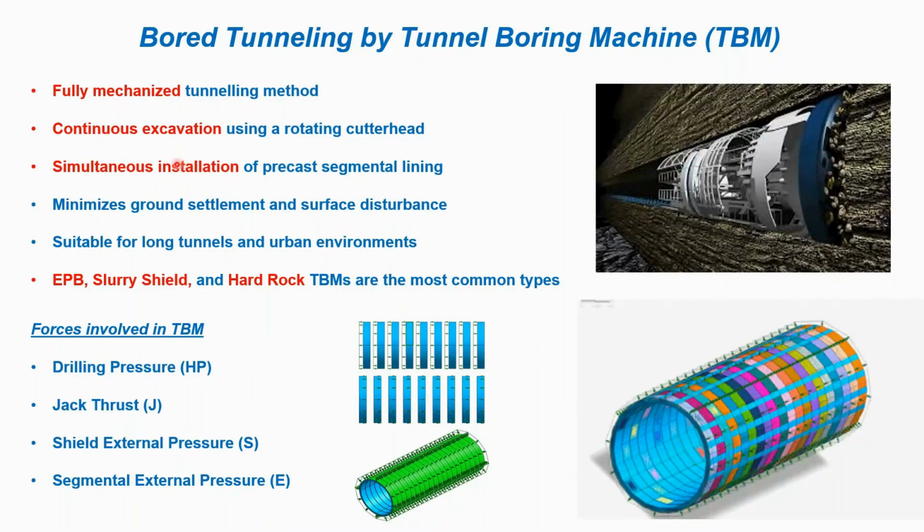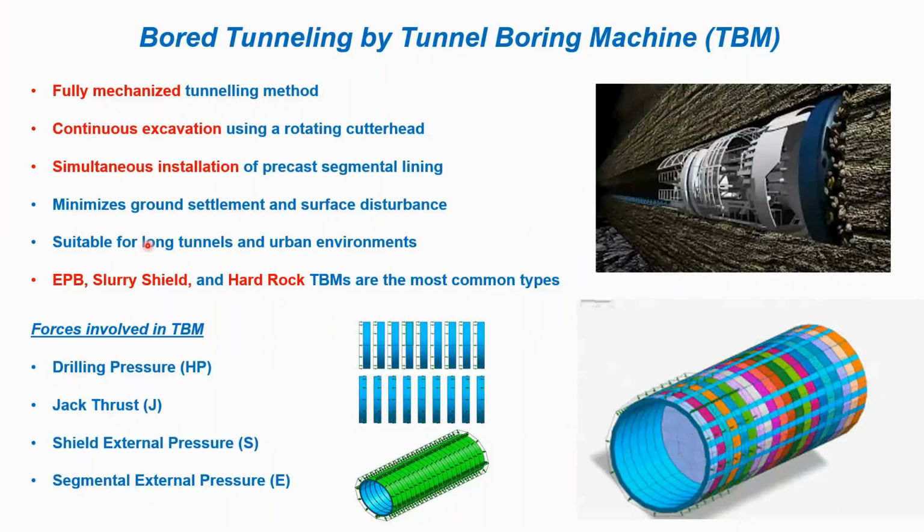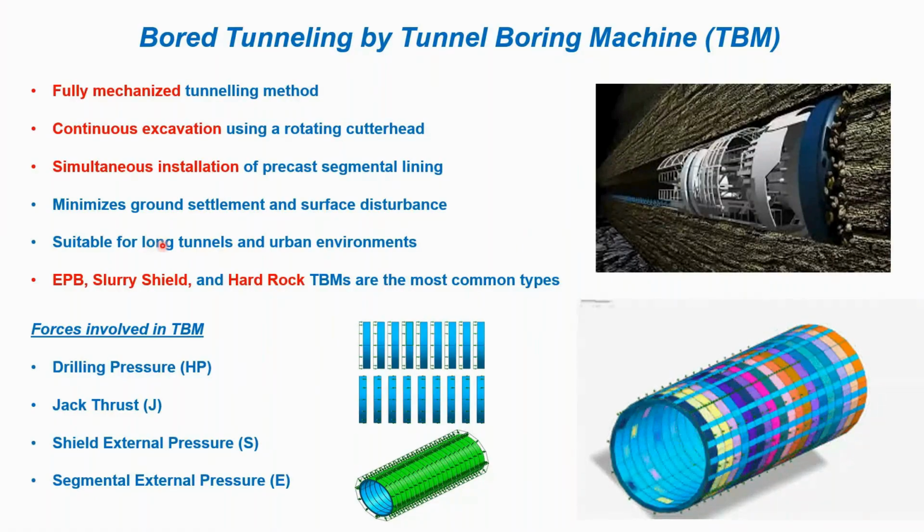One of the major advantages of this kind of tunneling approach is its ability to minimize ground disturbance and surface settlement, and this makes it particularly suitable for urban environments where tunnels pass beneath buildings, roads, railways, and other sensitive infrastructure.